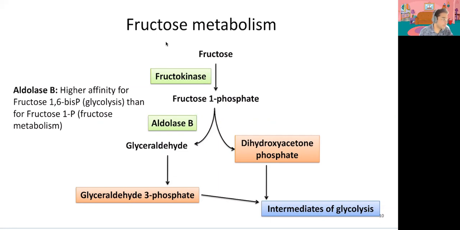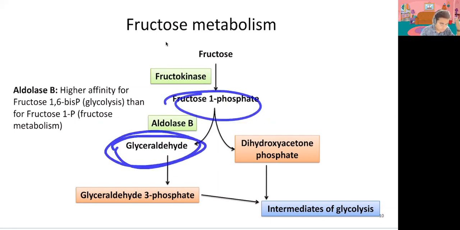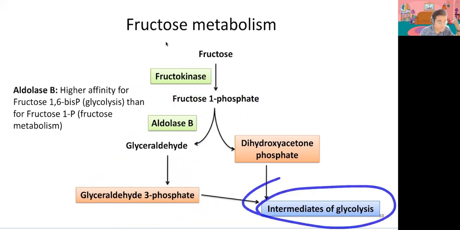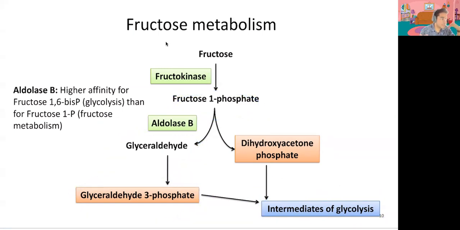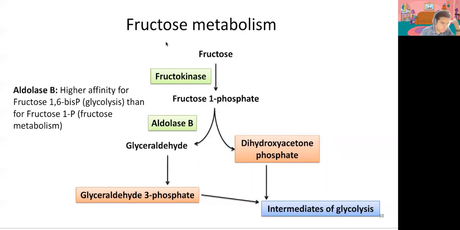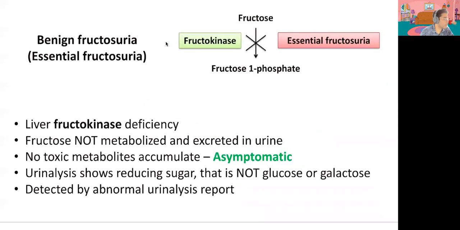Once it takes fructose 1-phosphate, it can turn it into glyceraldehyde and then glyceraldehyde 3-phosphate, and eventually into the intermediaries of glycolysis. Dihydroxyacetone is a ketone, so any sort of acetone in there is a ketone. That's all you need to worry about.